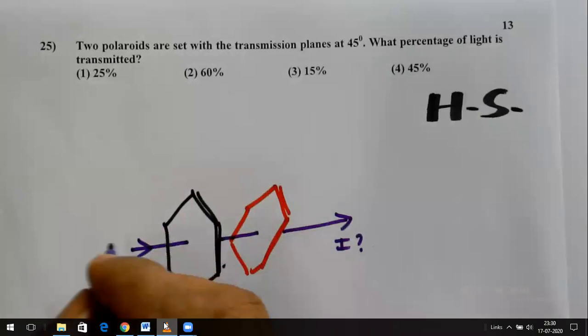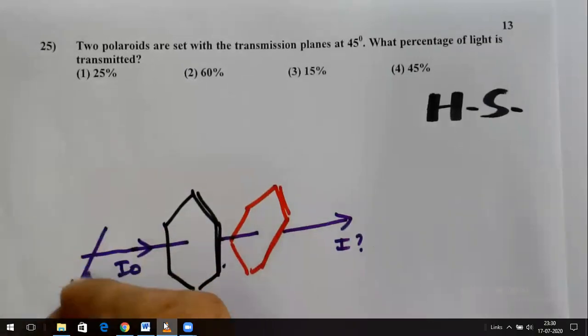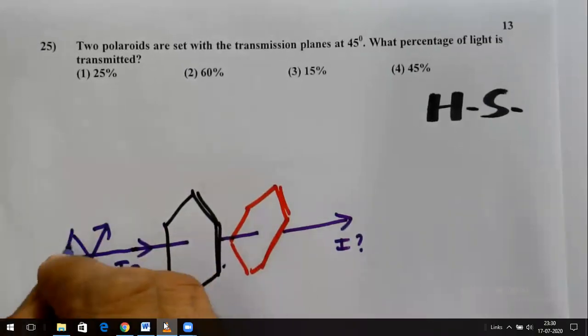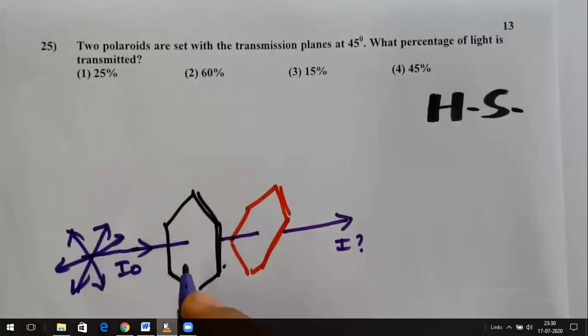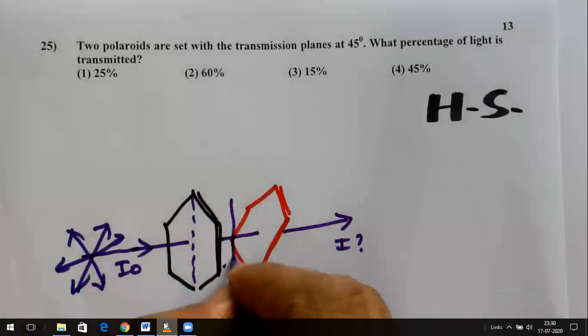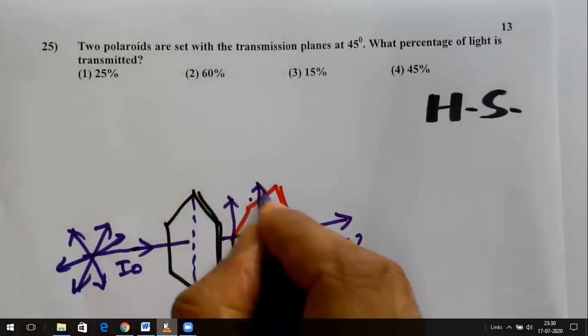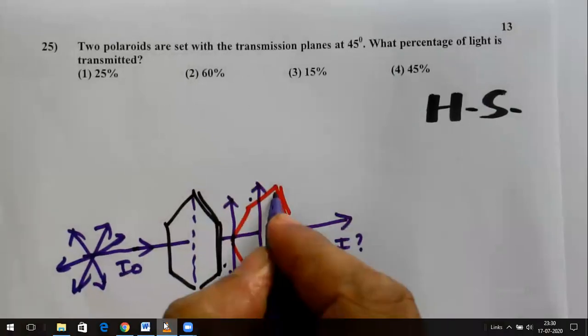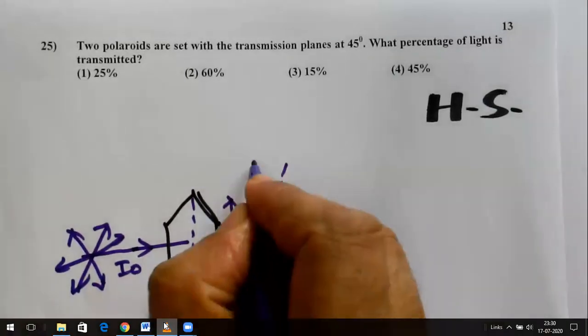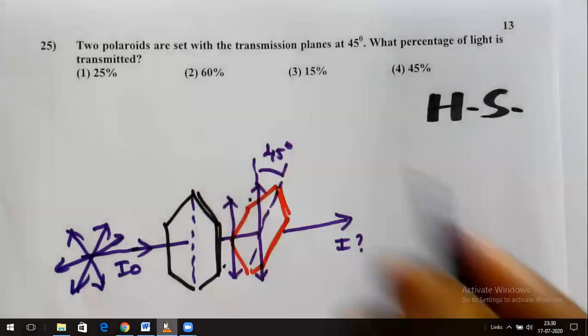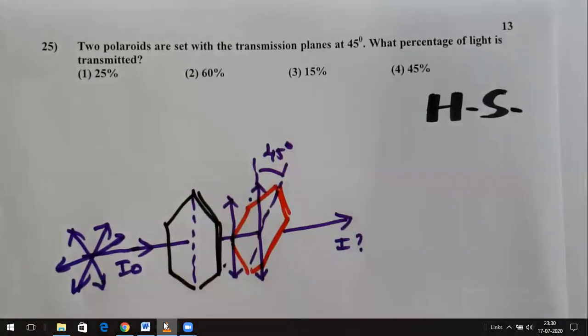Usually, unpolarized light contains vibrations in all directions. Suppose this is the pass axis, then only these vibrations will be allowed to pass through and they will hit the second polarizer like this. So they are making an angle of 45 degrees. Now, as soon as the unpolarized light is incident on the first polarizer, the outcoming light will be I naught by 2.